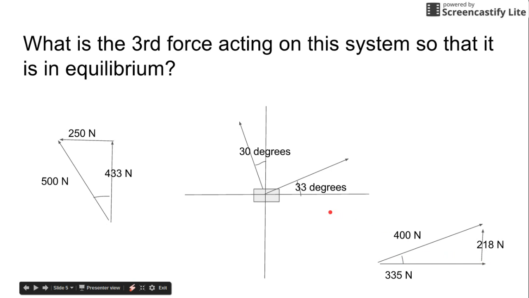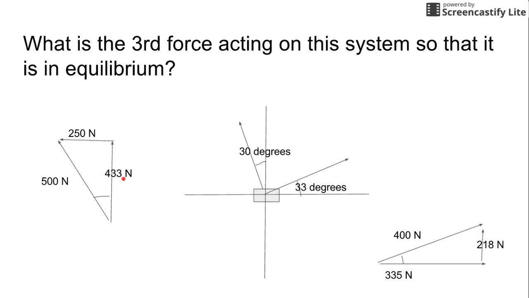So when we solve using cosine and tangent and sine, because this is a 30-degree angle, this side is 250 newtons, because the sine of 30 times 500 is 250. We use the sine because that's going to be the opposite side. This is the hypotenuse.